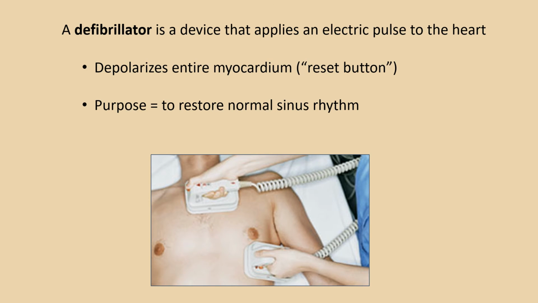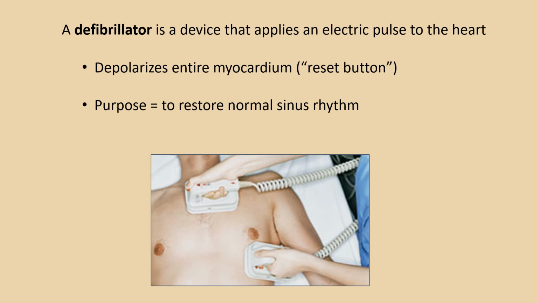And so fortunately, we have this pretty simple life-saving device known as a defibrillator. If you've been trained in CPR, you learned how to use a defibrillator. You probably learned how to use an automated external defibrillator, not these paddles as shown here. But how a defibrillator works is it delivers a jolt of electricity across the skin, and that serves to simultaneously depolarize all of the heart muscle cells at once.